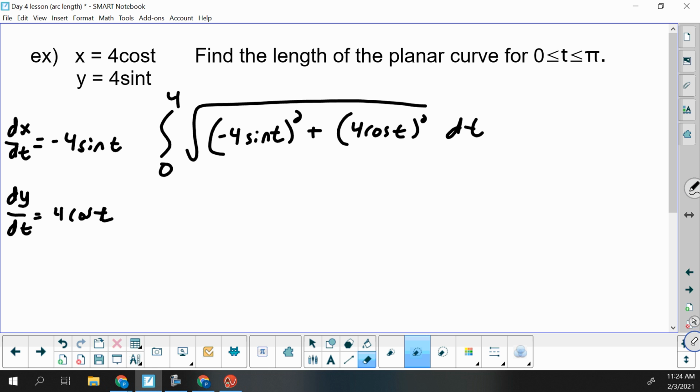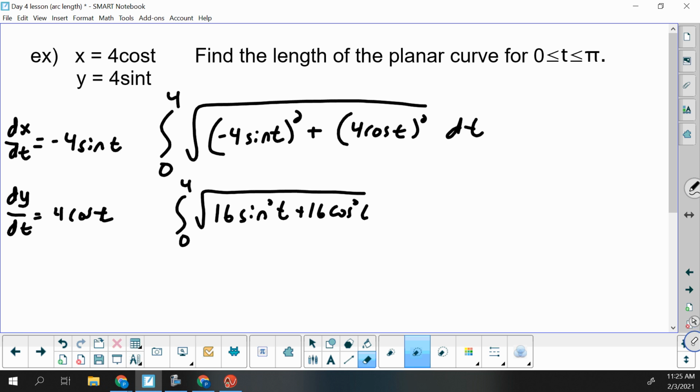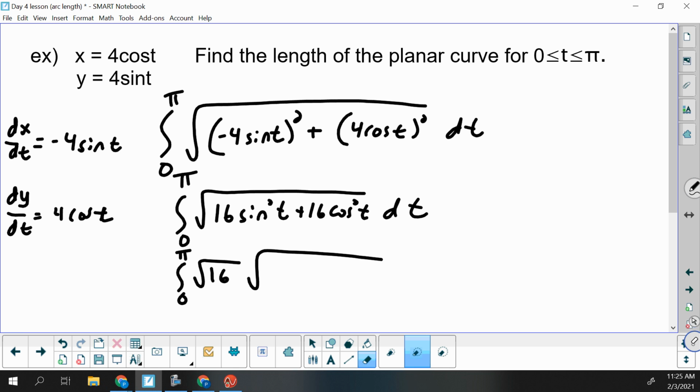So we have 4's that are going to get squared there. So this is the integral from 0 to pi of the square root of 16 sine squared t plus 16 cos squared t dt. And I don't know why I wrote that as 0 to 4. These should be 0 to pi. So we can rewrite this and pull the square root of 16 out.